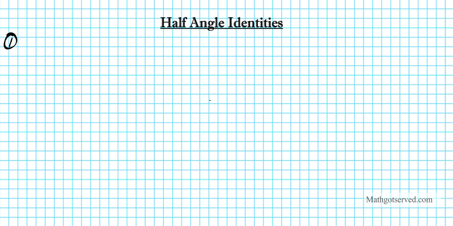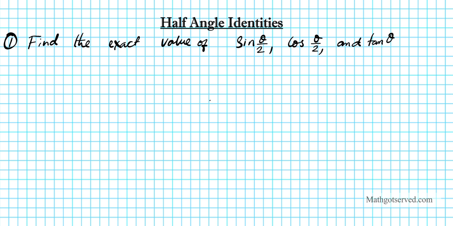So for number one, I'm going to find the exact value of sine theta over 2, cosine theta over 2, and tan theta over 2, if cosecant theta equals 8 over 3, and theta is between negative 270 degrees and negative 180 degrees. So negative 270 degrees is less than theta, and theta is less than negative 180.